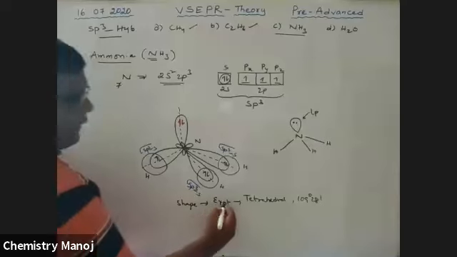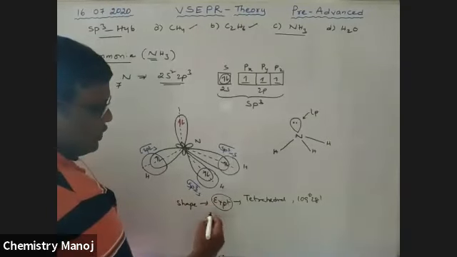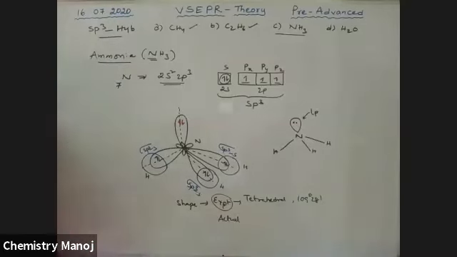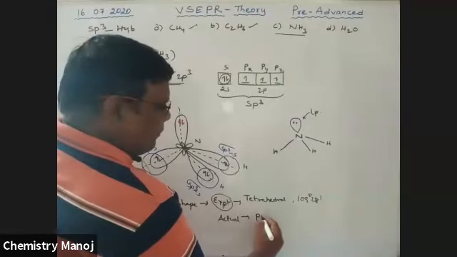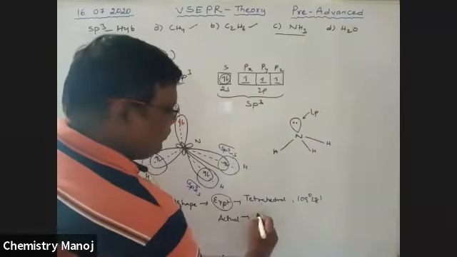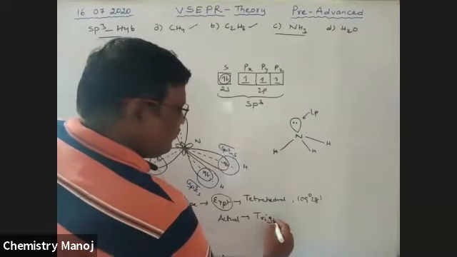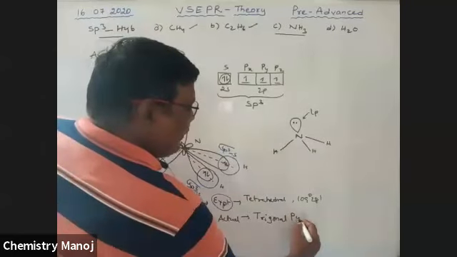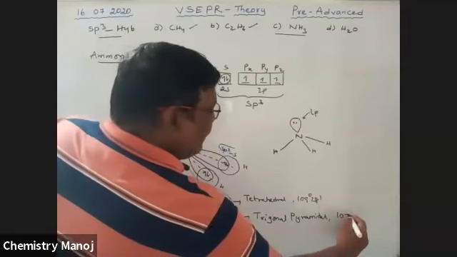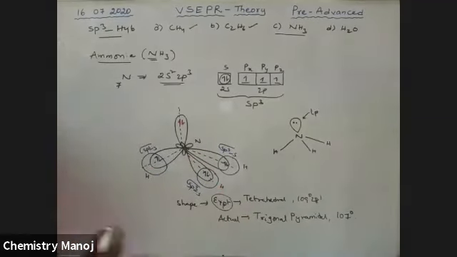This is the expected one. But the actual shape is pyramidal, in particular trigonal pyramidal, with bond angle 107 degrees.